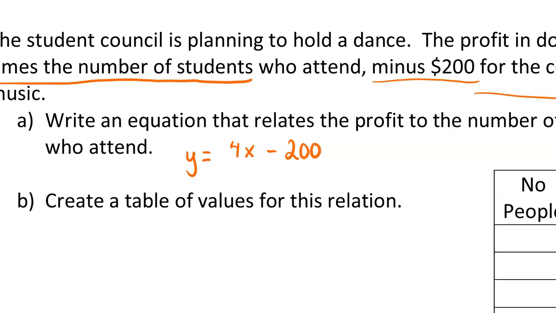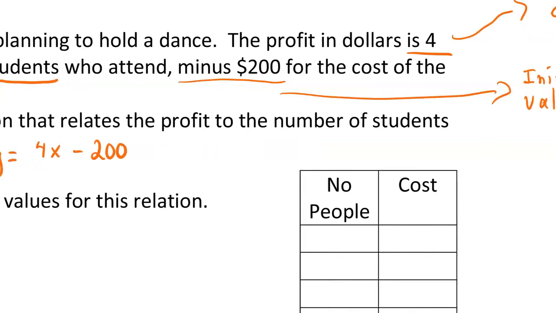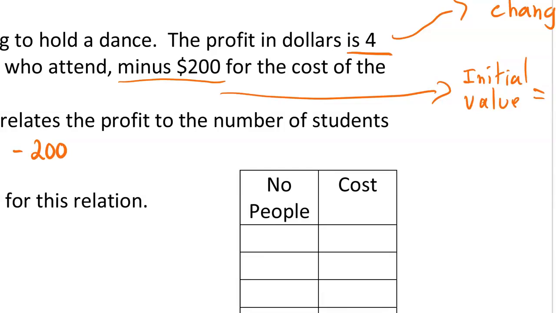That initial value is not changing, so how much we paid for the music is always going to be $200. So just to make sure we have this labeled, our number of people is going to be x, and our profit is going to be y.